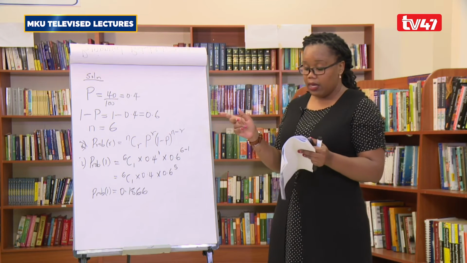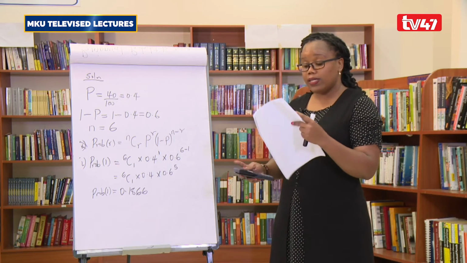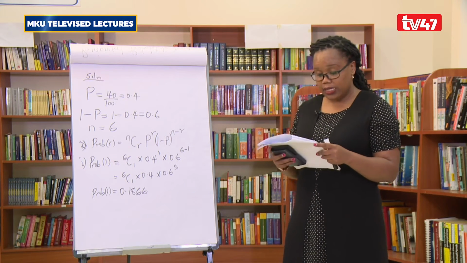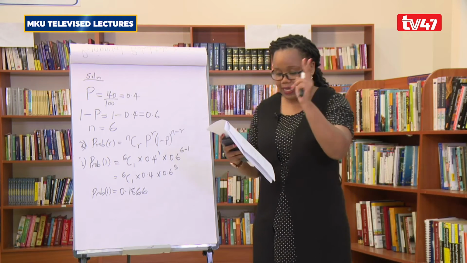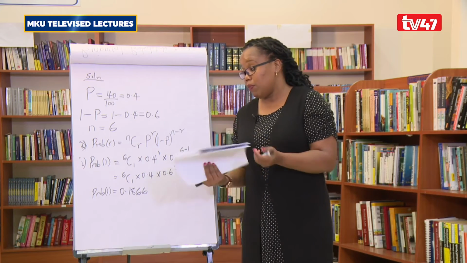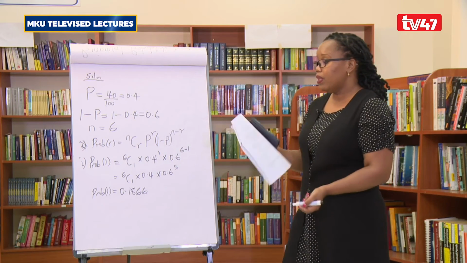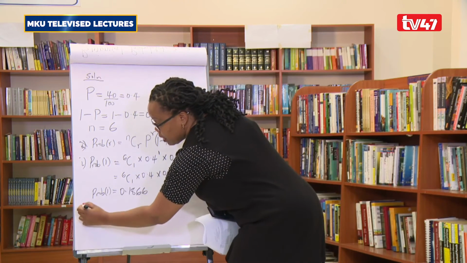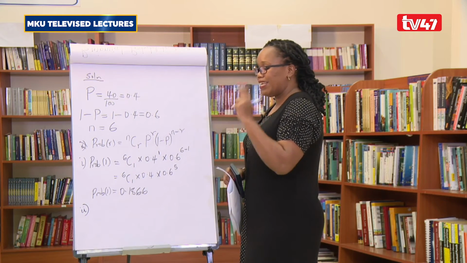Our second probability of interest is exactly 2 people had the disease. Now this is similar to the first one, because we are interested in exactly 2.